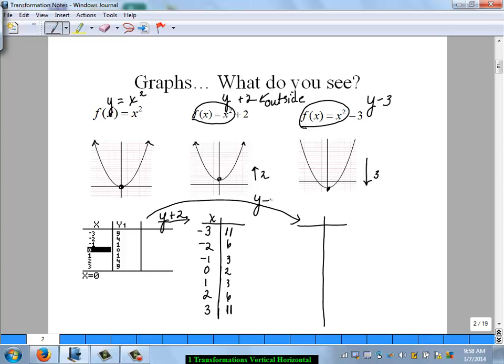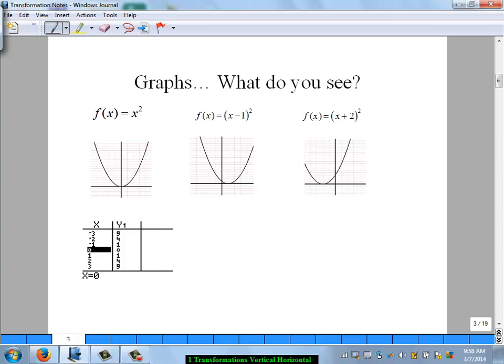I'm going to take my y's and subtract 3 and leave my x's alone. So here's my x's and y's. I have -3, -2, -1, 0, 1, 2, 3. And now all my y's will be down 3. So I'll subtract that. Okay? So you're going to be doing a lot with tables to show how the graphs work.